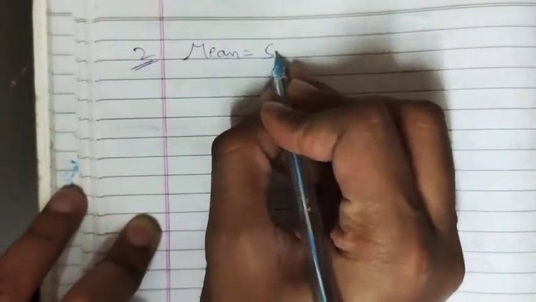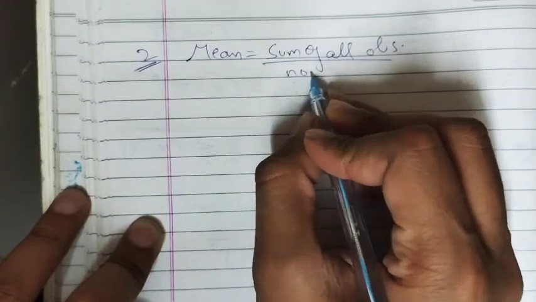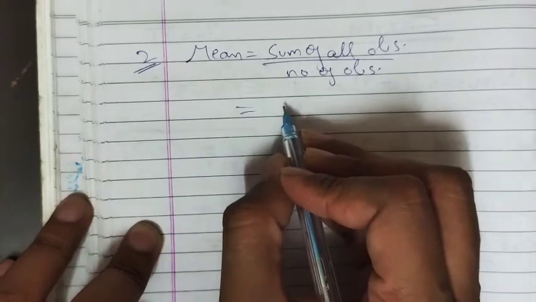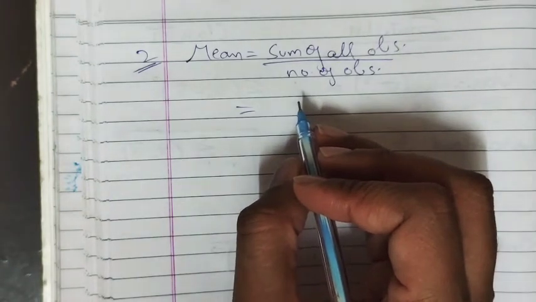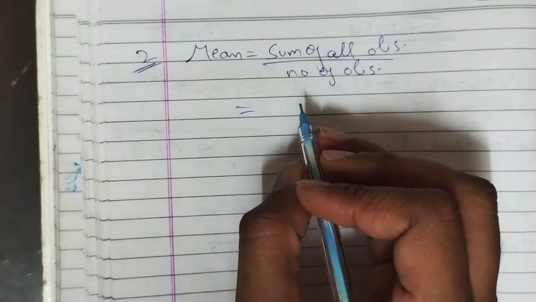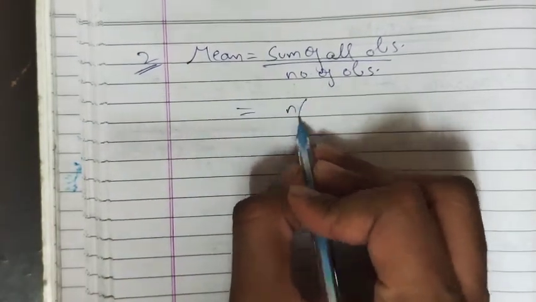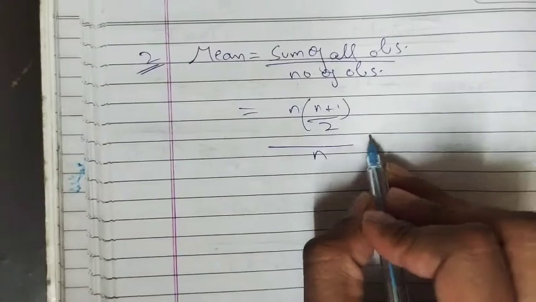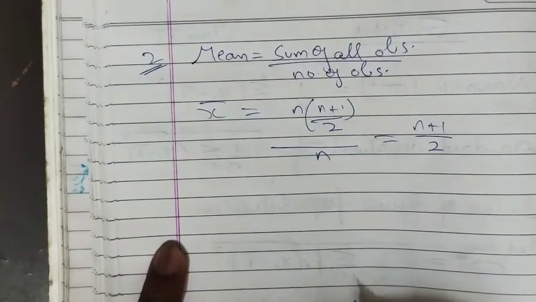So the mean formula is sum of all observations upon number of observations. The sum of all natural numbers, which was there in the fourth chapter and in binomial expansion also, can be denoted as n into n plus 1 upon 2, divided by the number of observations n. So mean is n plus 1 upon 2, right?